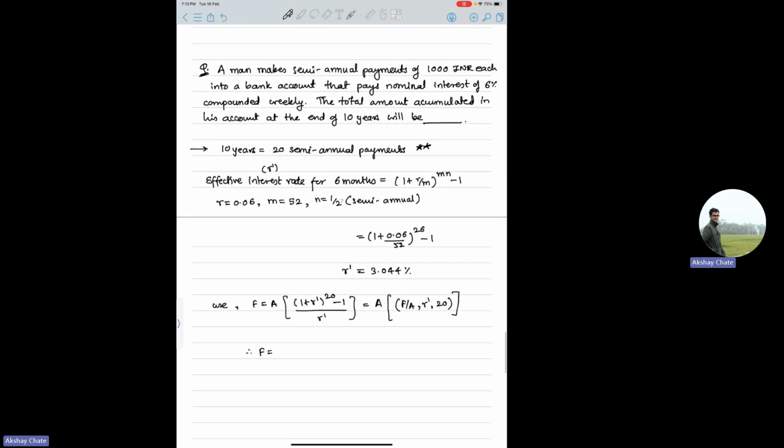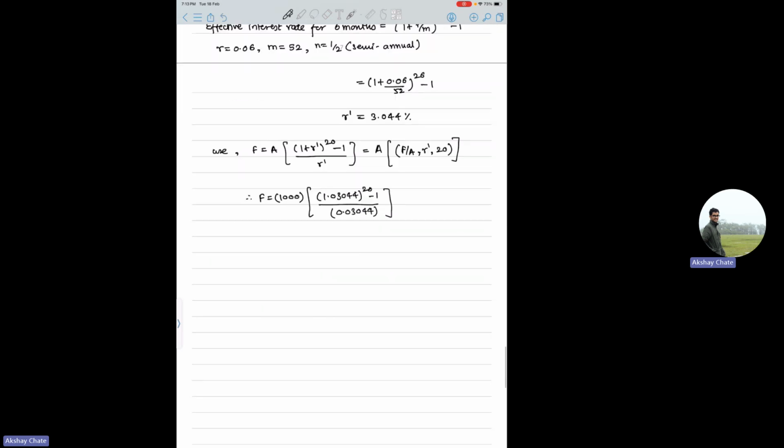So if you do that, this A is nothing but 1,000 rupees because he is doing a semi-annual payment of 1,000. This will be 1.03044 power 20 minus 1, divided by 0.03044. So you have to calculate this.